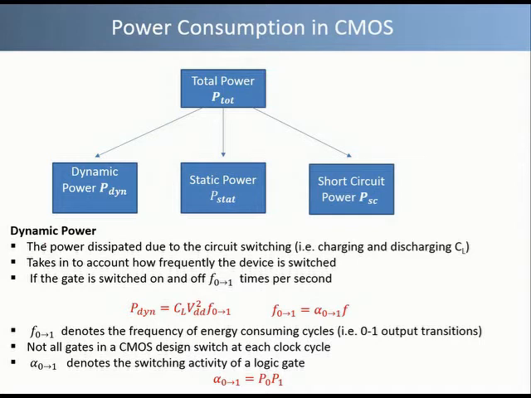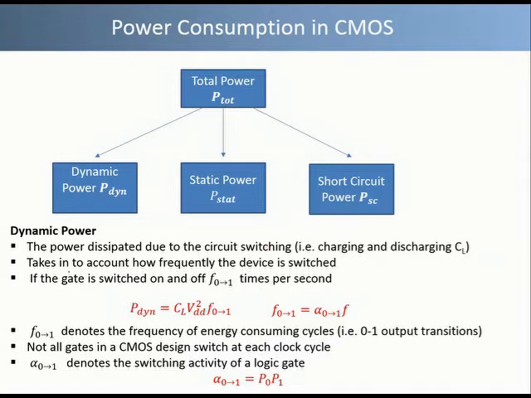The dynamic power is the major source of power consumption in modern CMOS circuits, and this is the power dissipated due to circuit switching, that is 0 to 1 or 1 to 0 transition of output which charges or discharges the load capacitance.